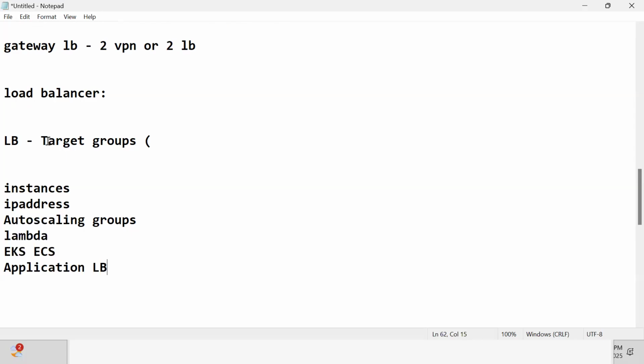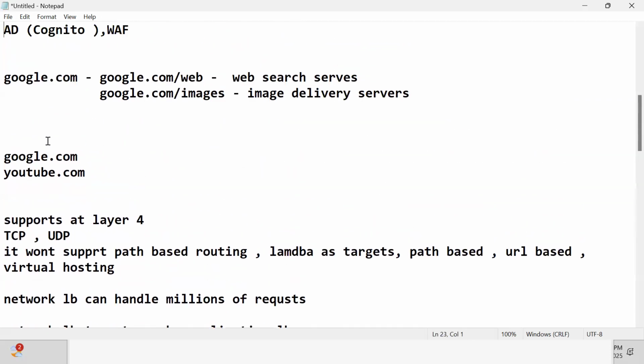Then what is the meaning of target groups? Similar to the previous use case we discussed, here we have /web that needs to go to one target group having web search related servers, and /images that needs to redirect to another.